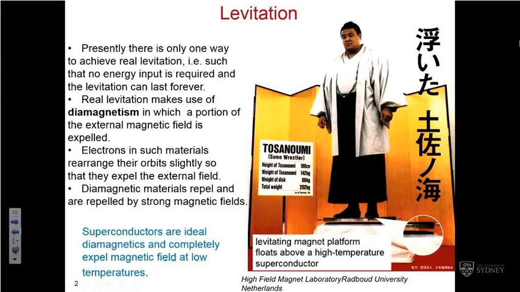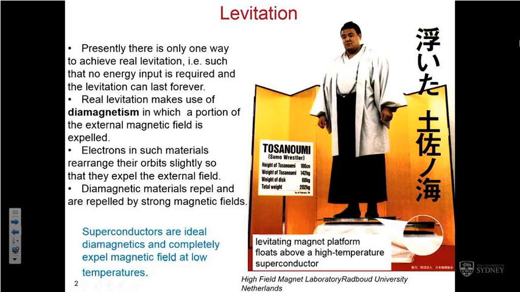This is a picture of levitation by superconductors. I think in first year you look at the Meissner effect, and the lecturer shows you how a little magnet can be levitated above a superconductor. Here is a rather more impressive levitation, from the High Field Magnet Laboratory in the Netherlands.